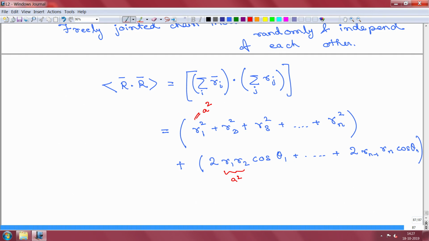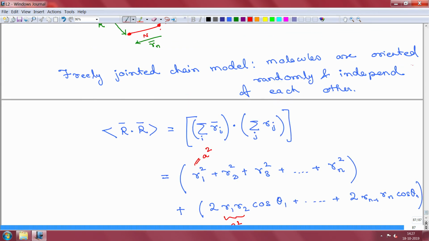Now, we have already assumed that the molecules are oriented randomly and independent of each other. Independent of each other.